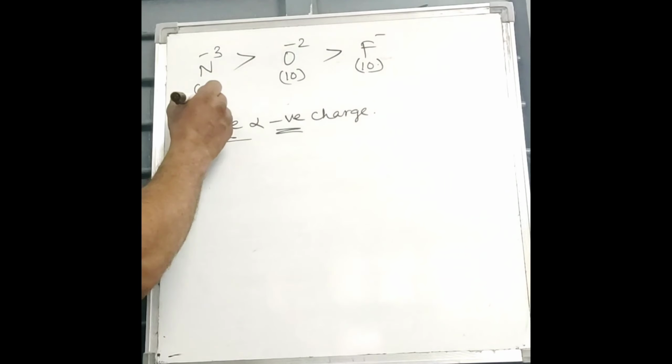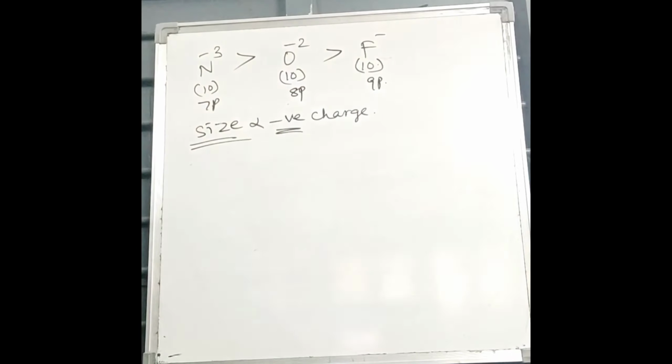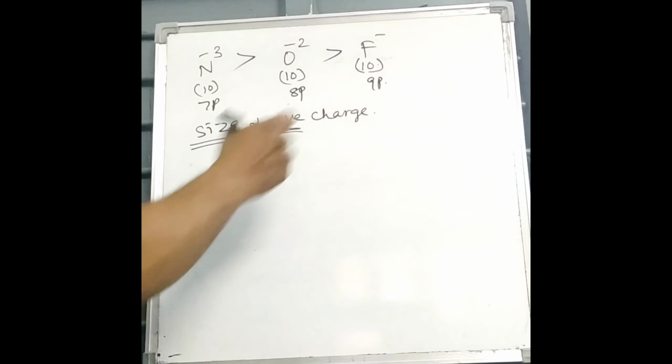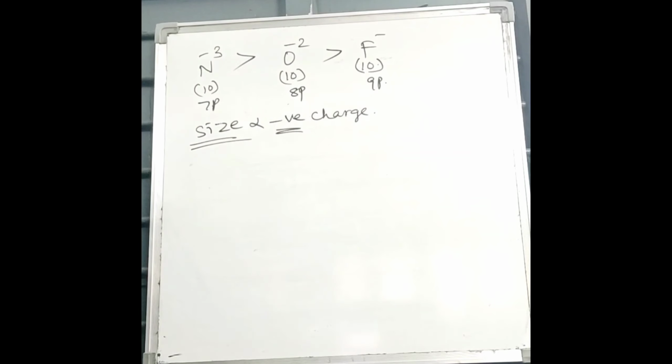Because here 7 protons are there, 8 protons, 9 protons. 10 electrons are attracted by 9 protons, so the orbit should contract somewhat in fluoride ion. Compared to fluoride ion, the effective nuclear charge on valence electrons is less in N-3, so it should be greater in size. So I hope you understand this concept, atomic radius.